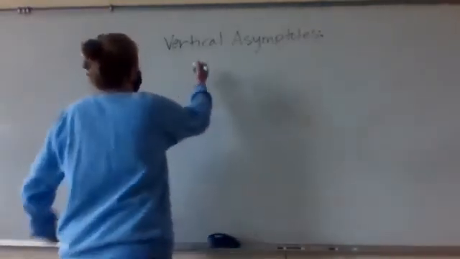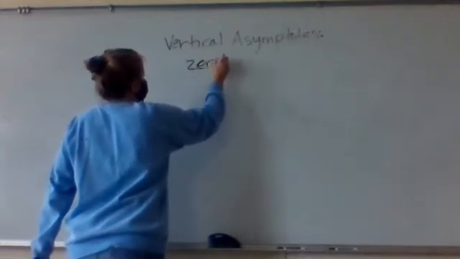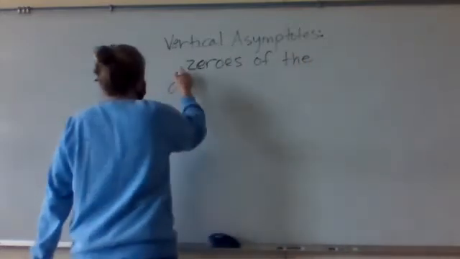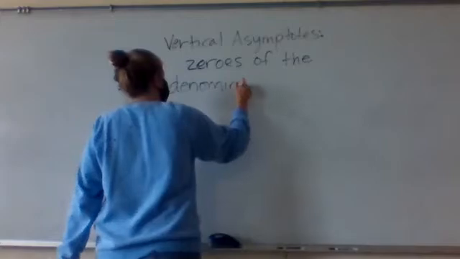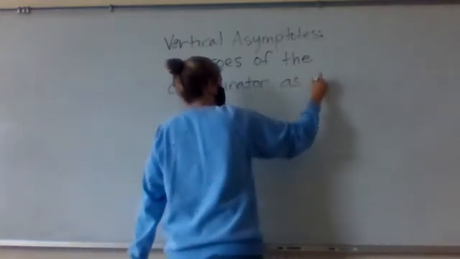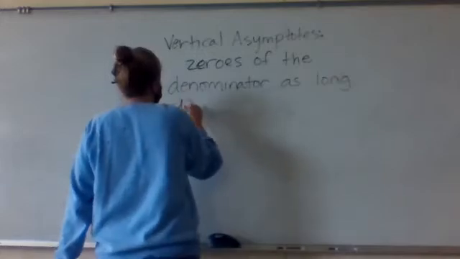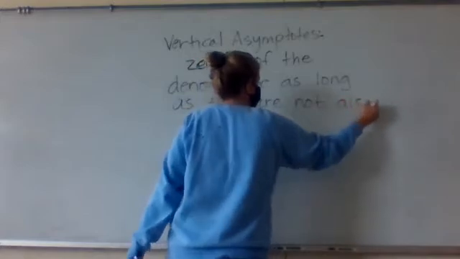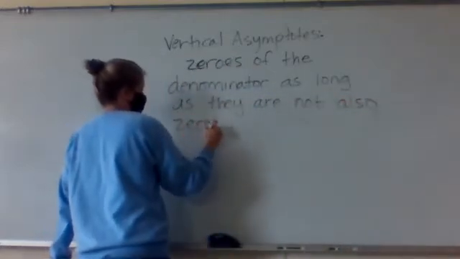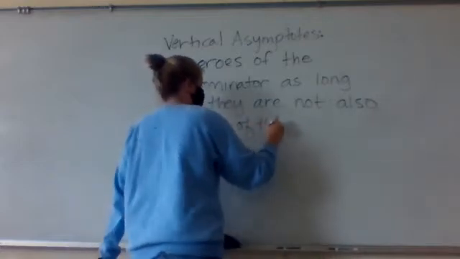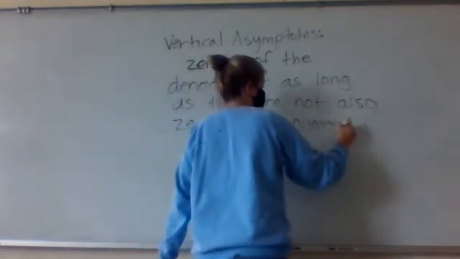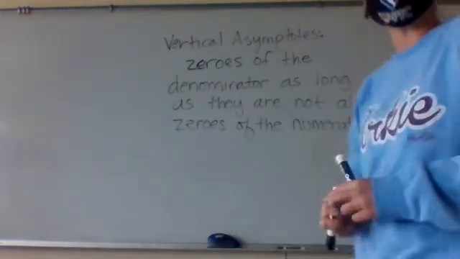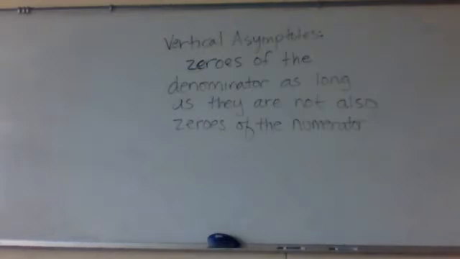So vertical asymptotes are zeros of the denominator as long as those zeros are not also zeros of the numerator.